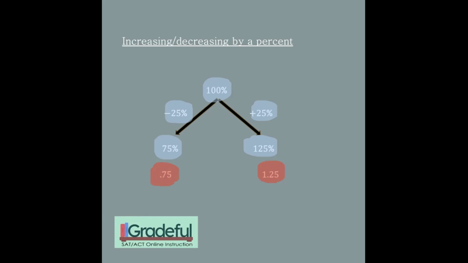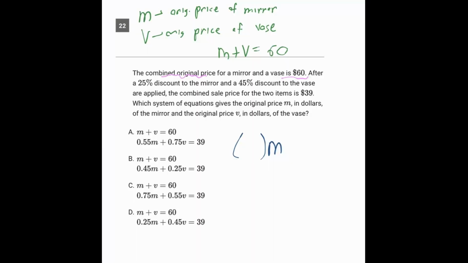And if I'm going to lower something by 25%, I'm going to multiply it by 0.75. So coming back here, the mirror is being discounted 25%. So that's 0.75.